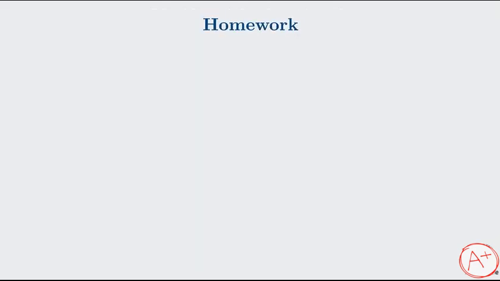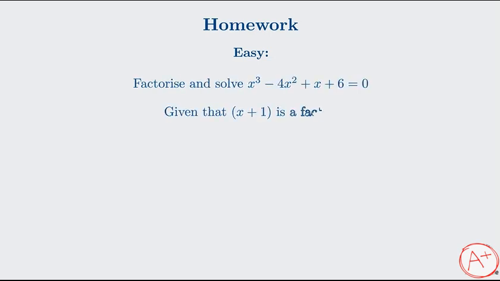Now it is your turn to practice. Please pause the video and solve these three questions before continuing to the solutions. For the easy question, factorize and solve x cubed minus 4x squared plus x plus 6 equals 0, given that x plus 1 is a factor. For the medium question, solve x cubed minus 7x minus 6 equals 0.